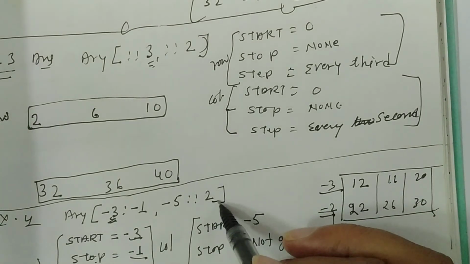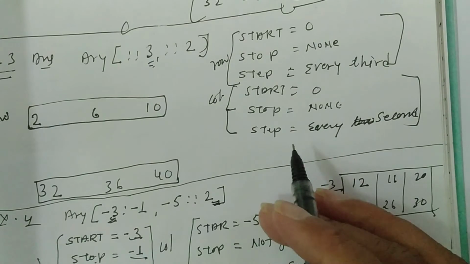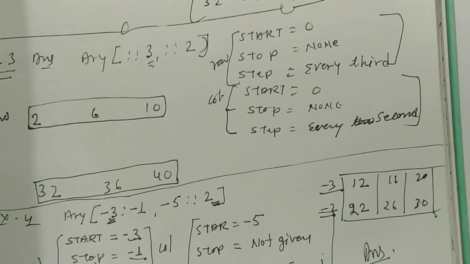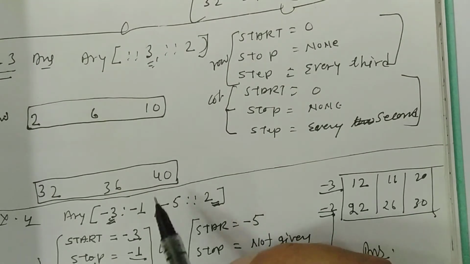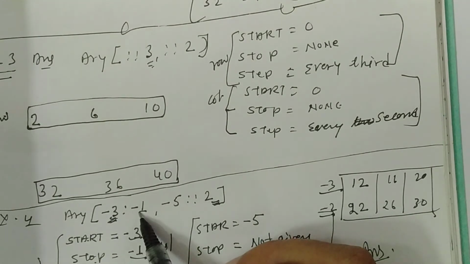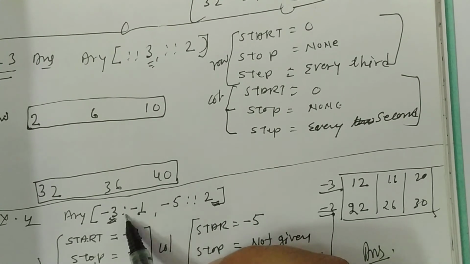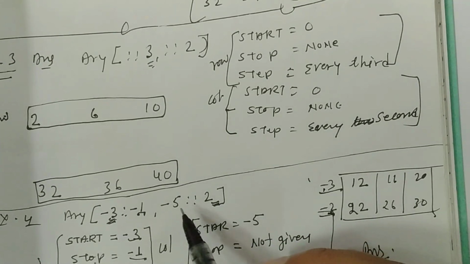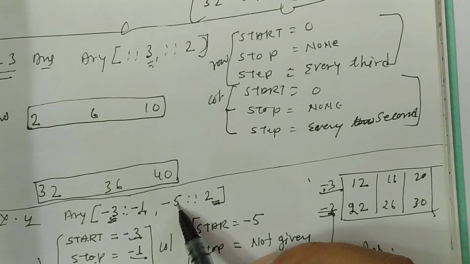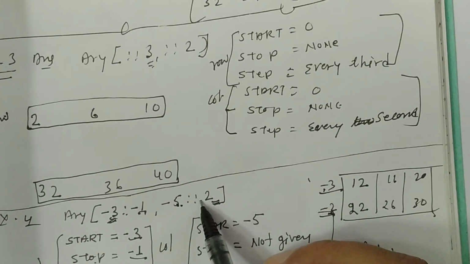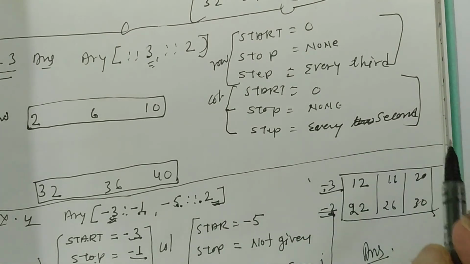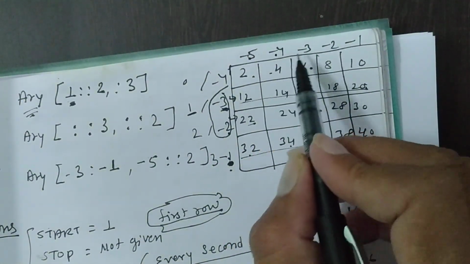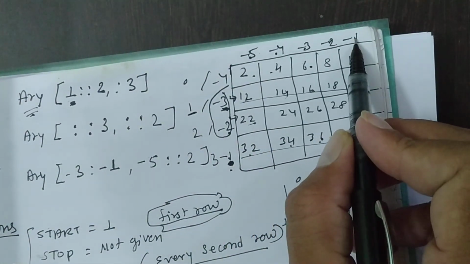In the column, every second, not this one. Minus third to -1. No jump is given, sorry, no jump is given, and it starts from -5. Ending is not given, so it will come through there: -5, then -4, -3, -2, -1.